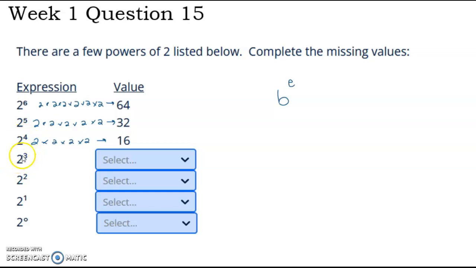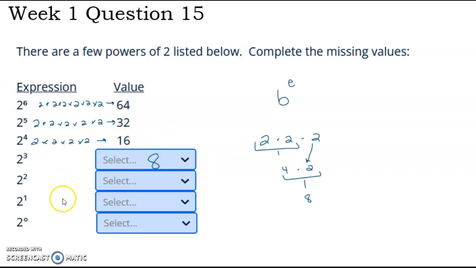So this one is 2 cubed, or 2 to the 3rd. So I'm going to do that over here. That would be 2 times 2 times 2, 2 times itself 3 times. So let's go ahead and do the 2 times 2 first, which is 4. Bring down that 2. Then 4 times 2 is 8.